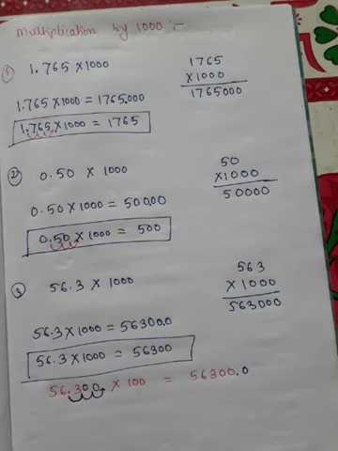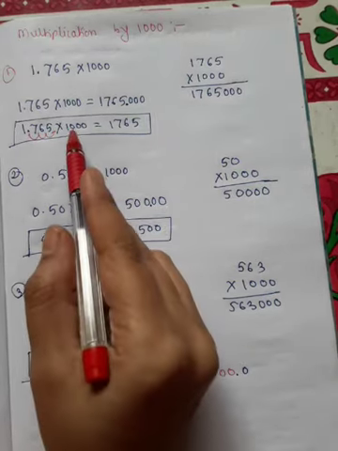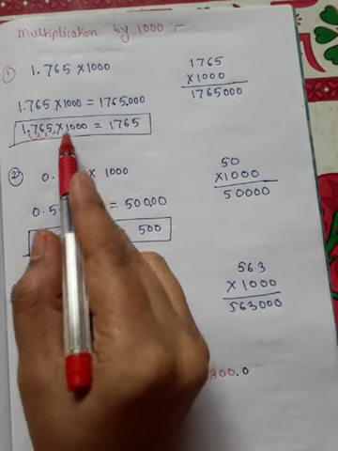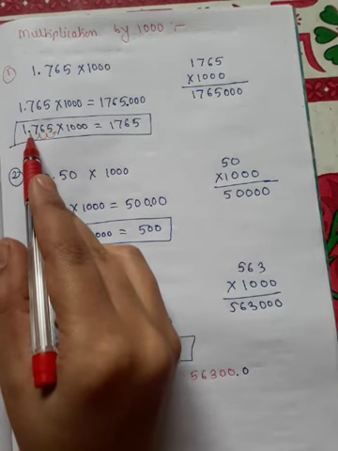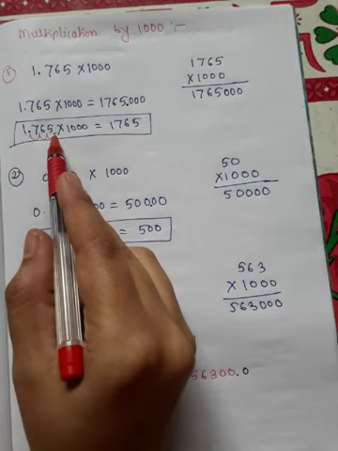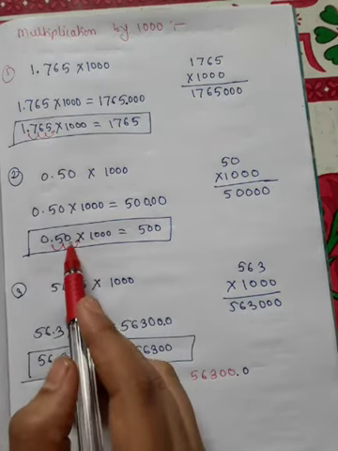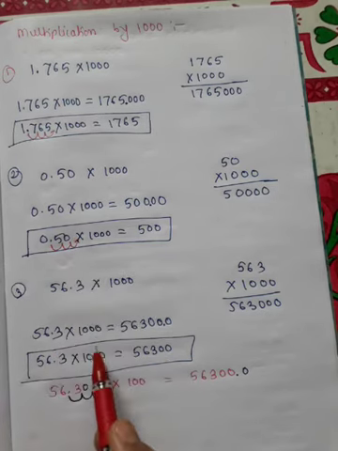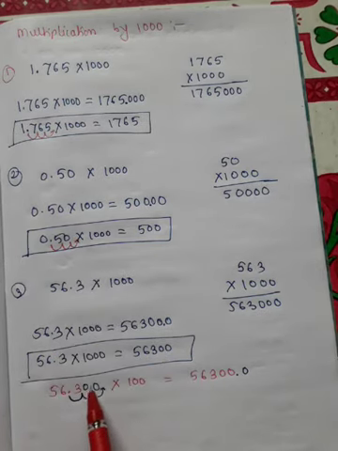Just understand that when there are 3 zeros, shift the decimal point to the right by 3 units, and if there are no digits then write 0 there.